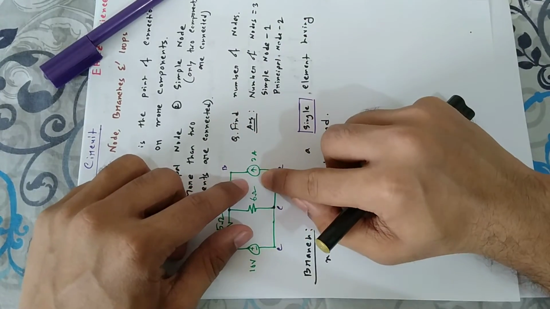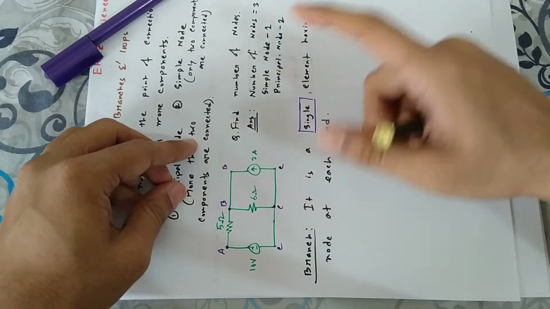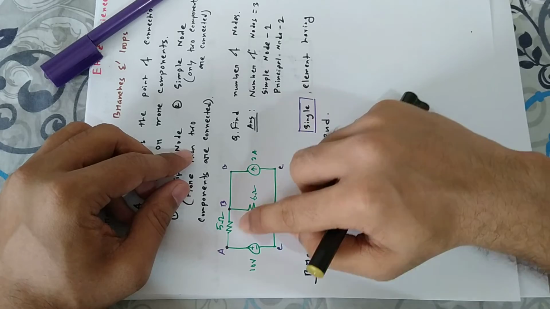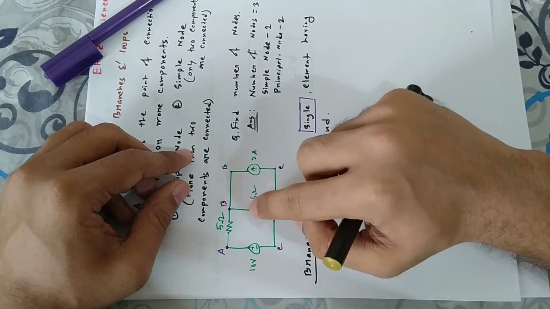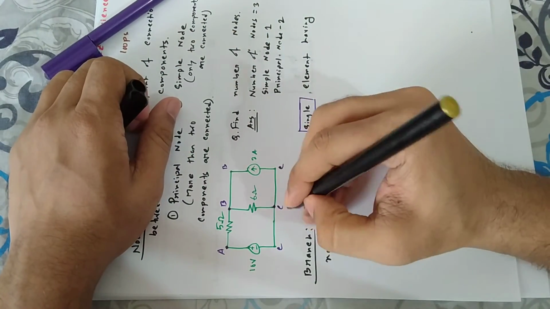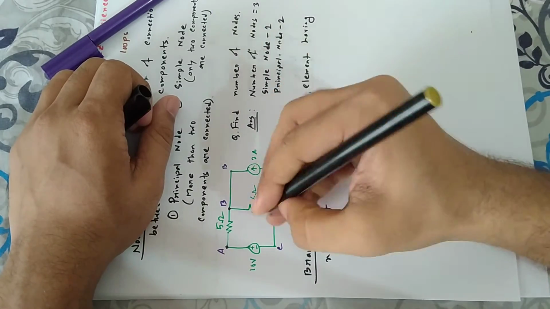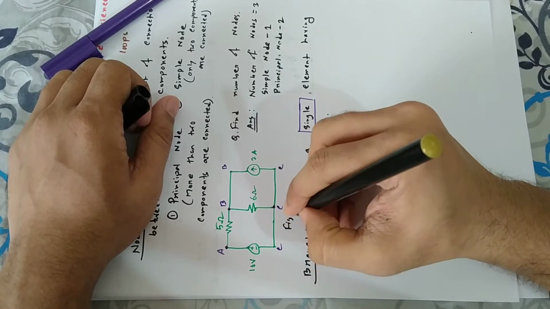So this 6 ohm resistor is also a branch here. Same thing goes for this 2 ampere current source, B, C. So how many branches are there? 2 ampere is a branch, 6 ohm is a branch, 5 ohm is a branch, and 10 volt is a branch. 1, 2, 3 and 4. So in this circuit we have 4 branches. Suppose this circuit is figure 1.